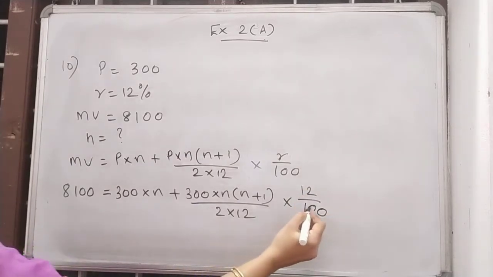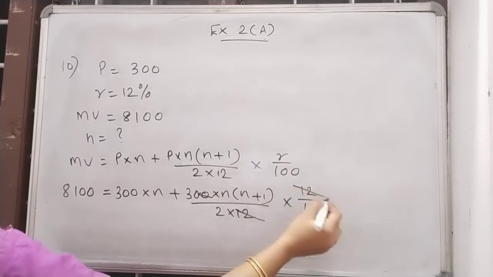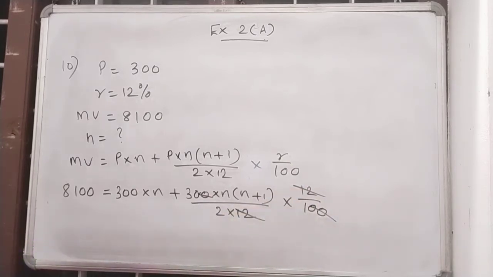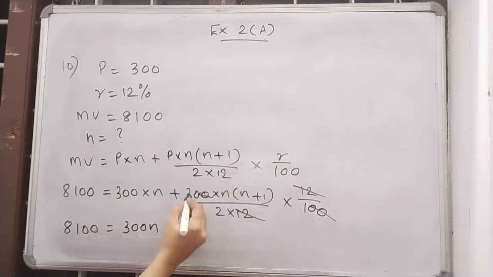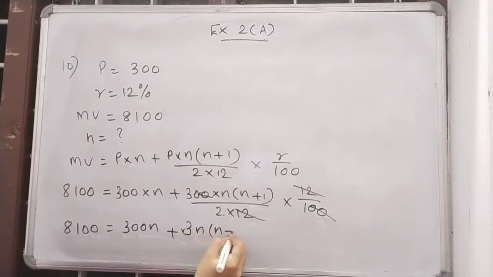This 0 we can cancel, then we can cancel this 12. So remaining 8,100 is equal to 300 N plus 3N into N plus 1 divided by 2.